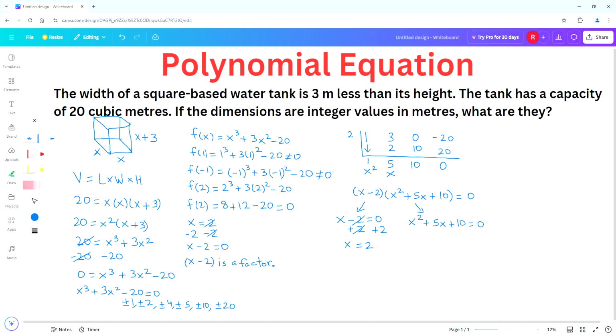This equation has no solution because its discriminant is less than 0. The formula for discriminant is b squared minus 4ac.